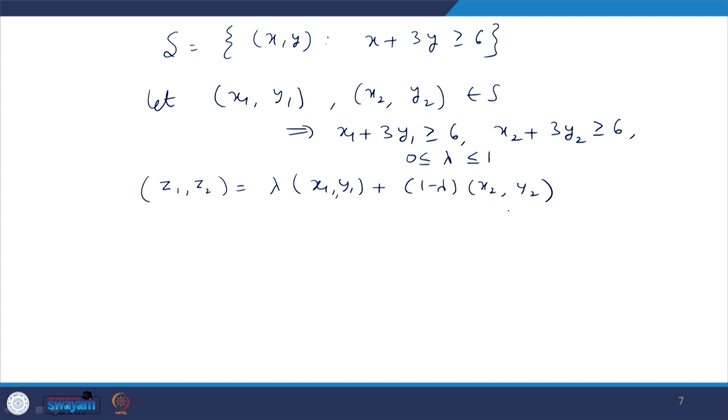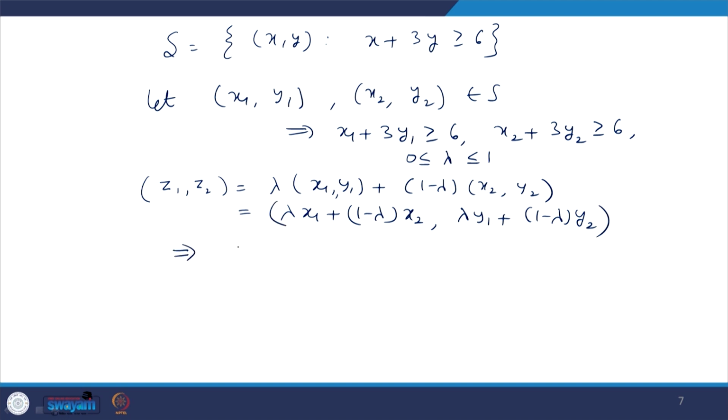And we have to show that this point, lambda x 1 plus (1 minus lambda) x 2 and lambda y 1 plus (1 minus lambda) y 2, must belong to S. Then only it should be a convex set, because lambda is varying and we have taken two arbitrary points in S. So, what is this? This is equal to lambda x 1 plus (1 minus lambda) x 2, and lambda y 1 plus (1 minus lambda) y 2.